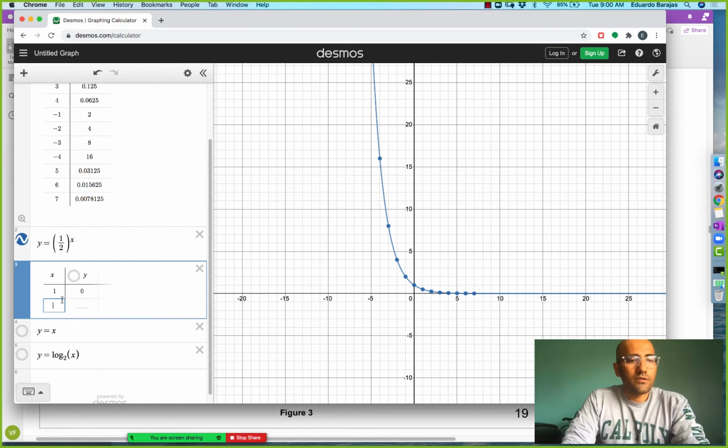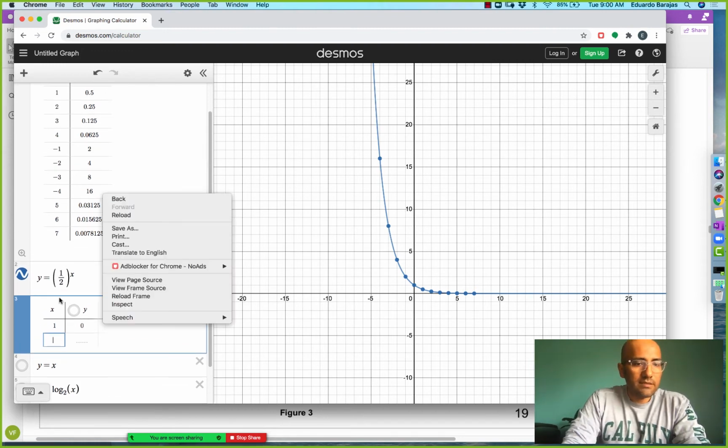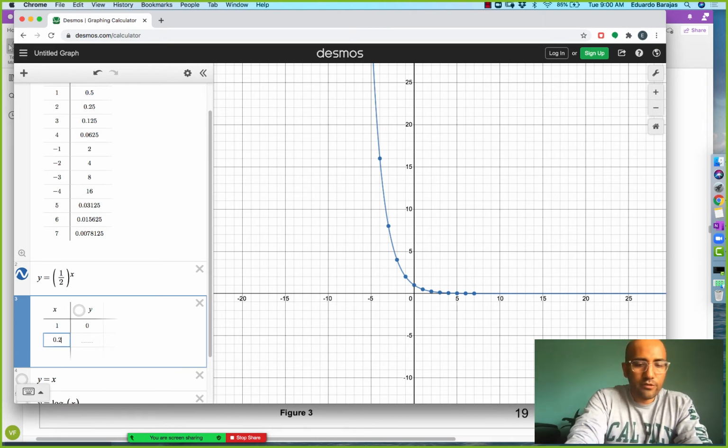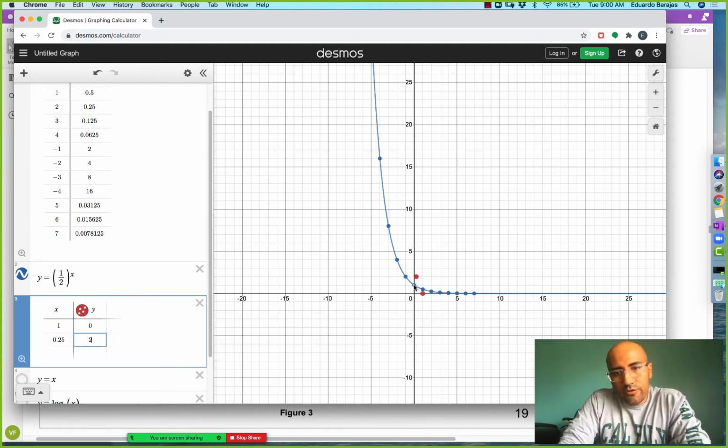Okay, so just kind of blindly following these, the function that will reverse this process should map 0.25 over to 2. Okay, we should get these 2 points. Here, the original function mapped 0 to 1, so therefore this function should go from 1 to 0.